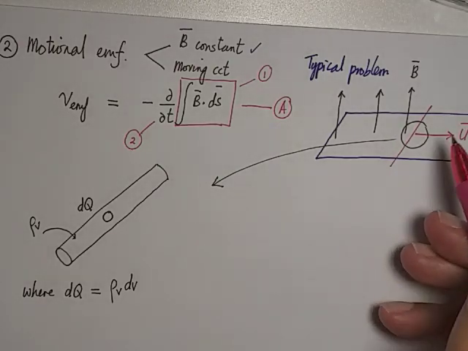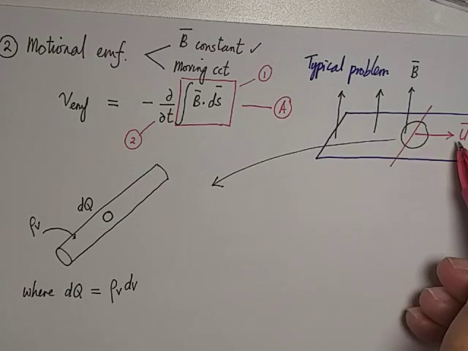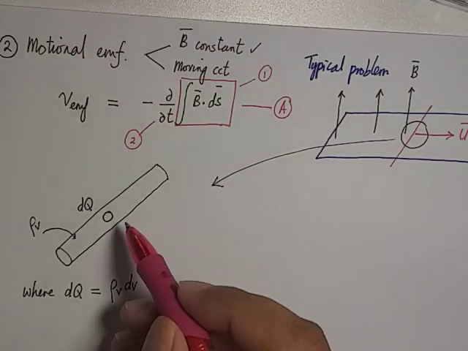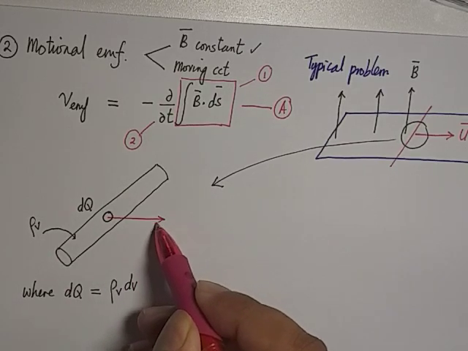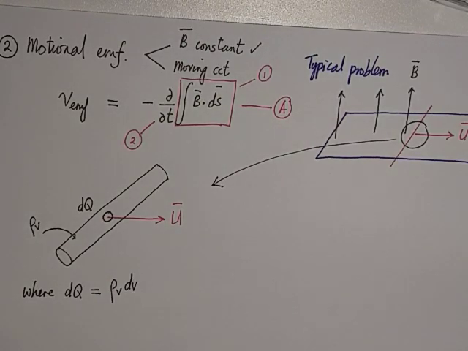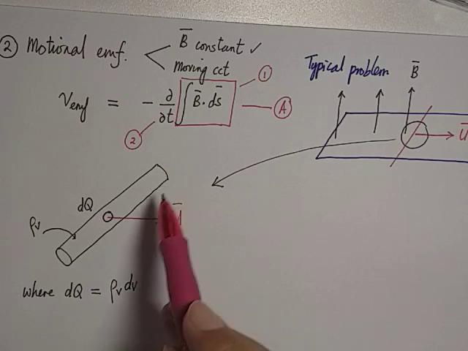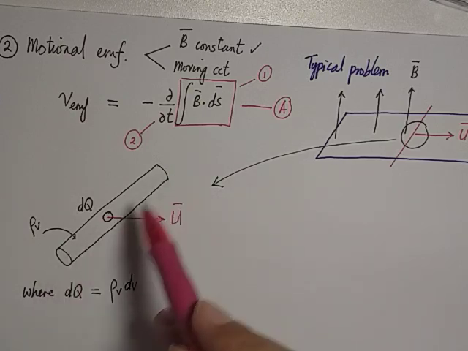Since the conductor on the right here has been shifted to the right with velocity u, this sample is also going to be shifted to the right with velocity u. Correct? So now the sample being shifted is going to follow the behavior of this conductor rod.